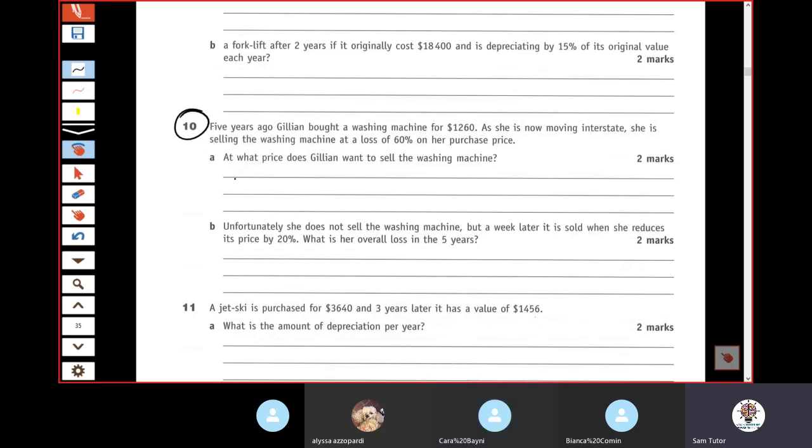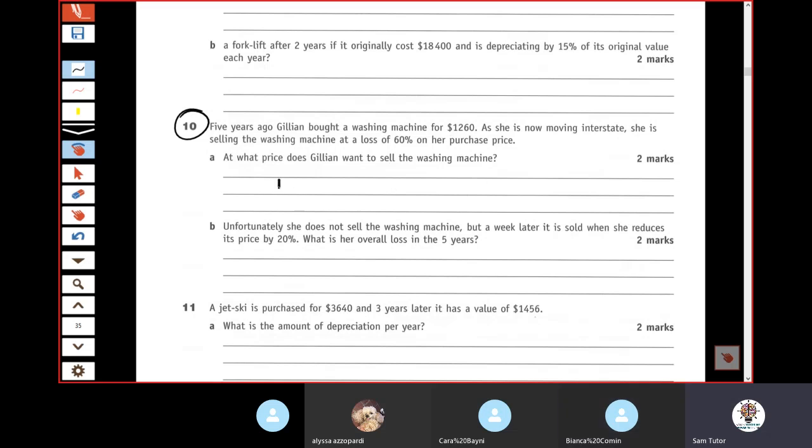Yep. Is that right? It's a 60% loss. So what price does she sell the washing machine? Oh, I was supposed to do 1260 times 0.4. Yes, technically. Or if you had done 60%, you could have just subtracted it.